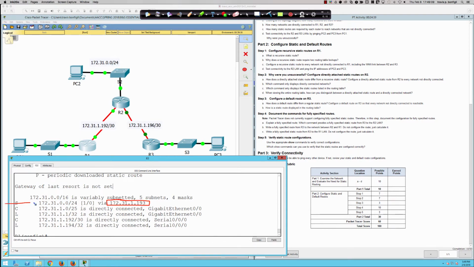So here's lookup number 1. And then it says, but I need to know the outgoing interface. So what interface do I have, and I better have it, that is directly connected that this network sits in? And now I know.